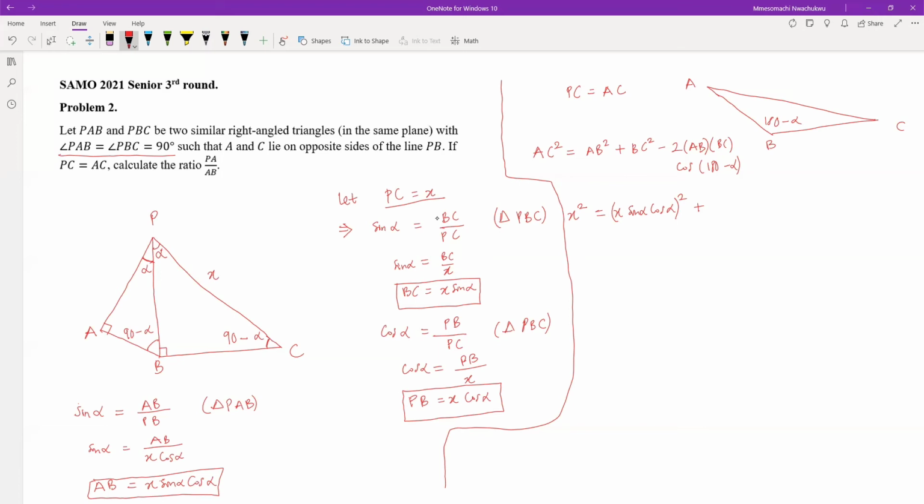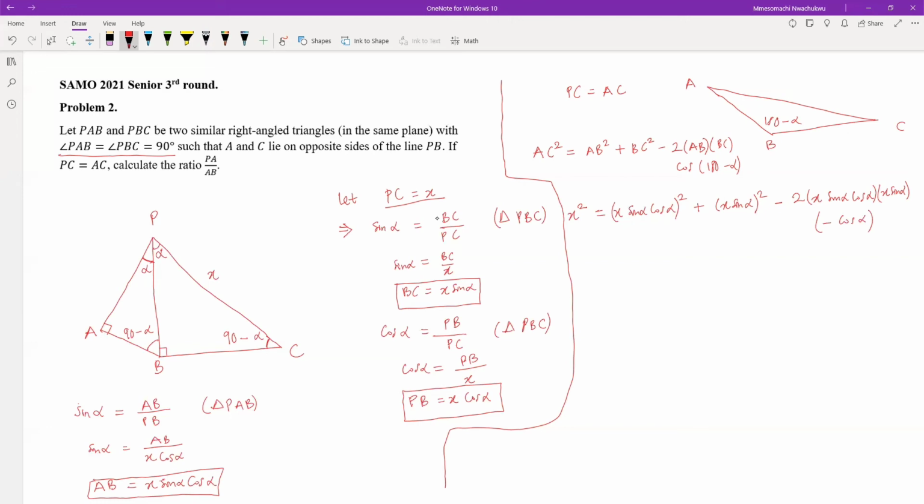BC is X sine alpha, so just put X sine alpha minus 2 into AB, which is going to be X sine alpha cosine alpha, and BC is going to be X sine alpha, and cosine 180 minus alpha becomes negative cosine alpha.